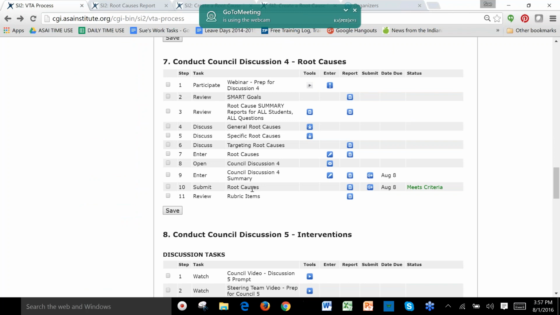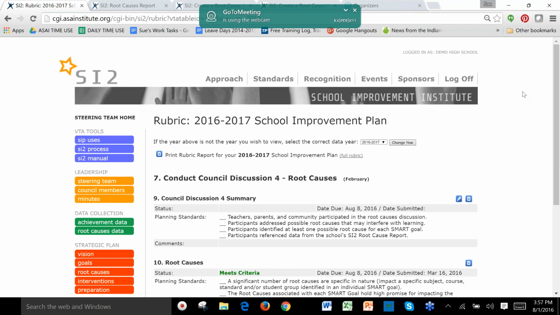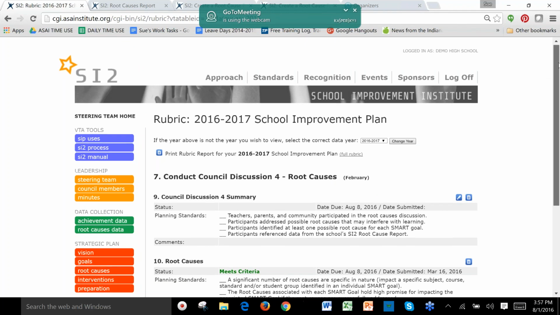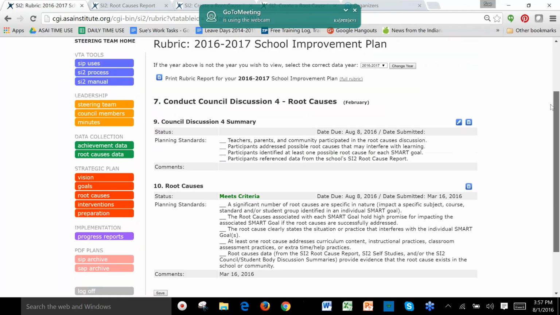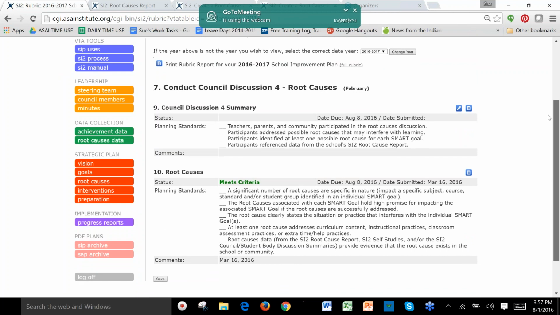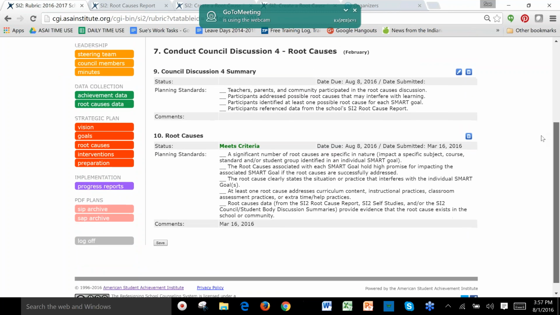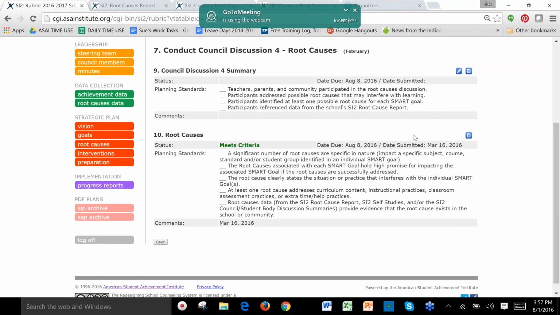Okay, and then finally, the last thing is submitting the root causes, but before you do that, make sure you review the rubric items. What we want to see is that a significant number of root causes are specific, that they're not all general.